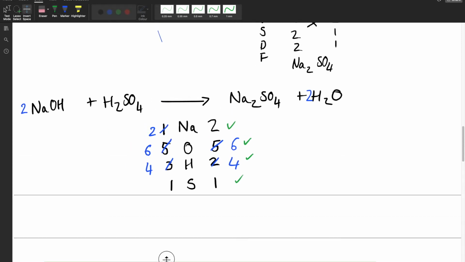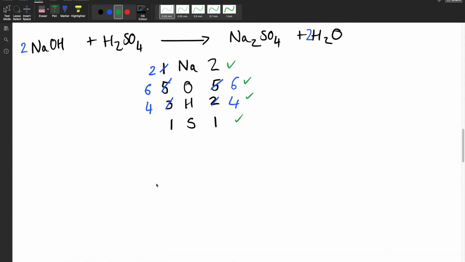Step 2 is to then do our titration calculation. So I should really write that down. Titration equation, and let's just rewrite this balanced equation just to make sure that we know what we're talking about.